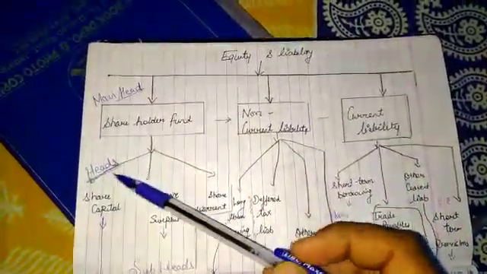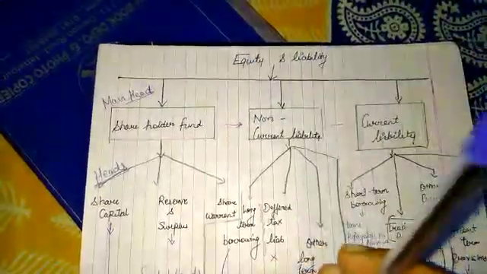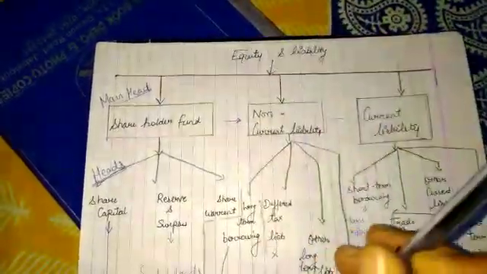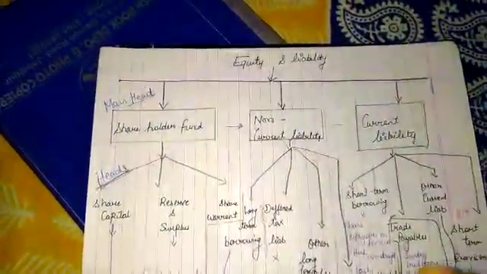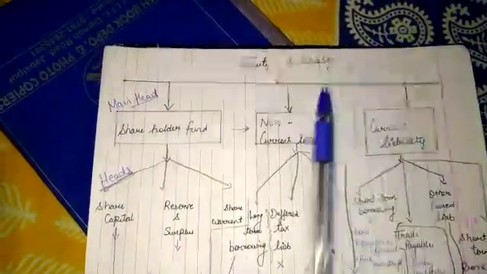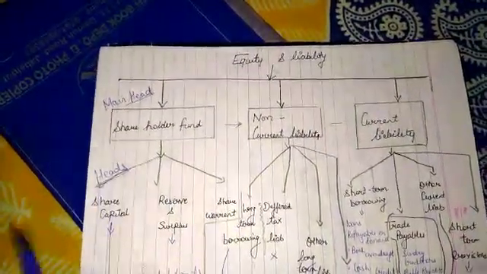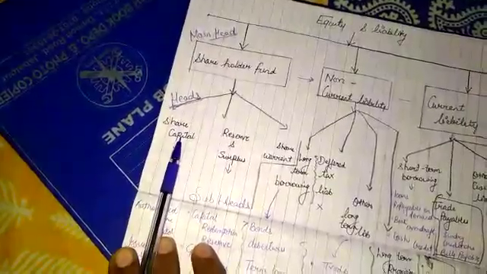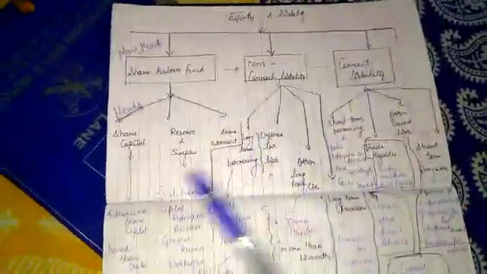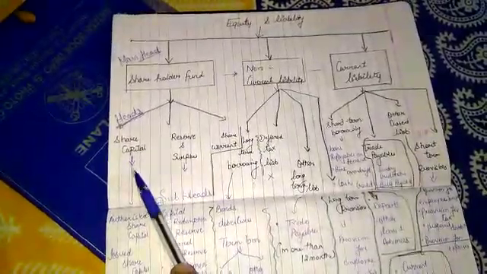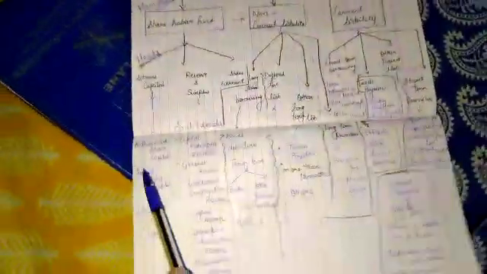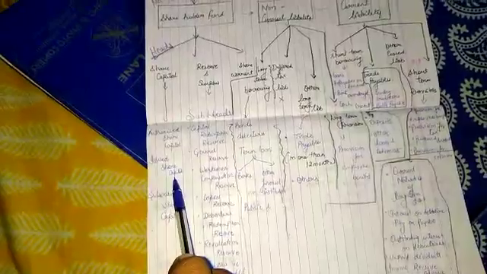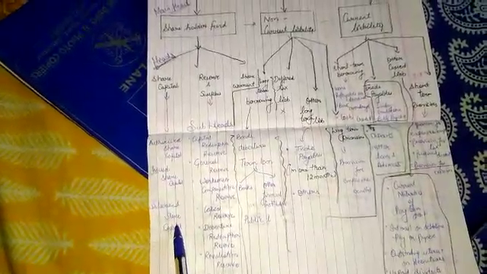Right now, if the question is asking to explain the head and subhead of the given part, the head which is being asked, let us take share capital. In share capital there are three things: authorized share capital, issued share capital, and subscribed share capital.